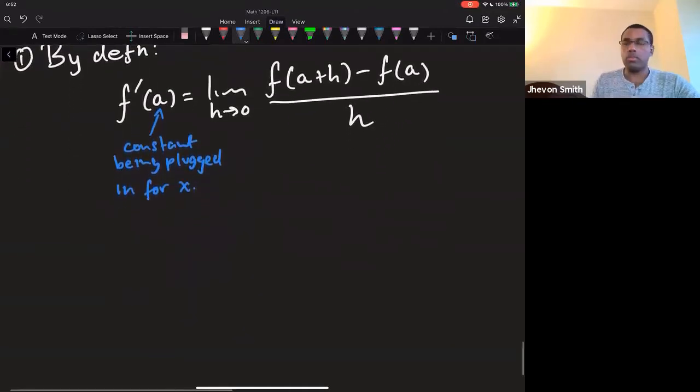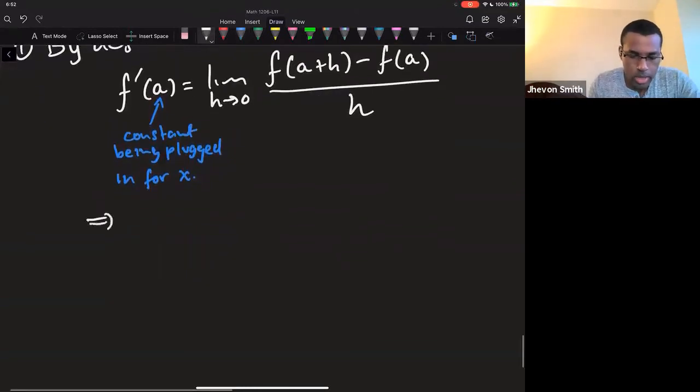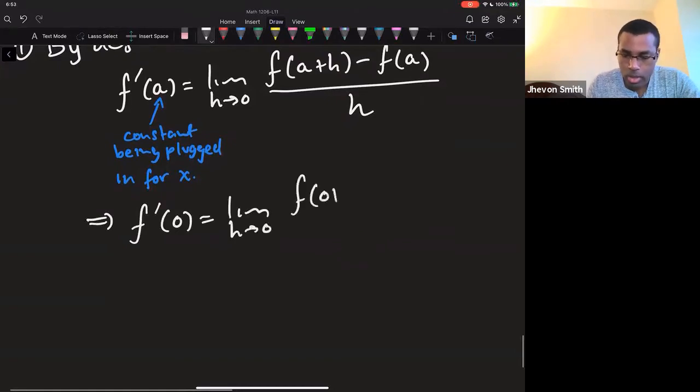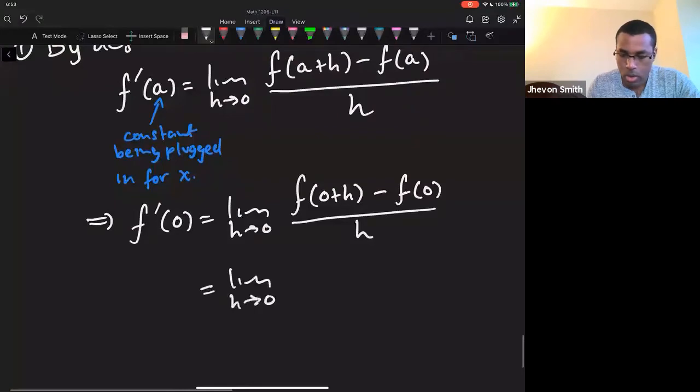Okay. So essentially, what that would mean is f prime of 0 is going to be the limit as h approaches 0 of f of 0 plus h minus f of 0 all over h, which of course is just f of h minus f of 0 all over h.